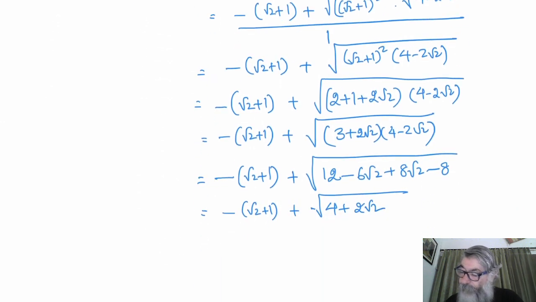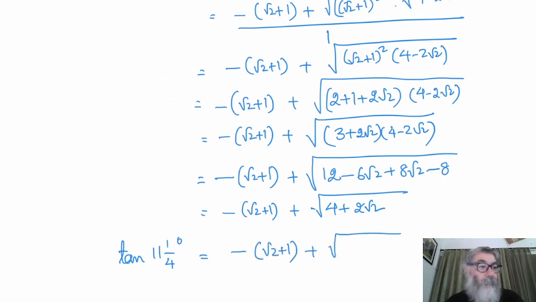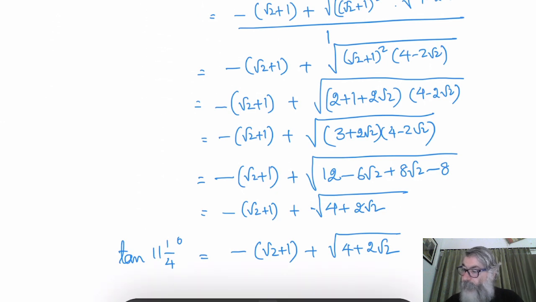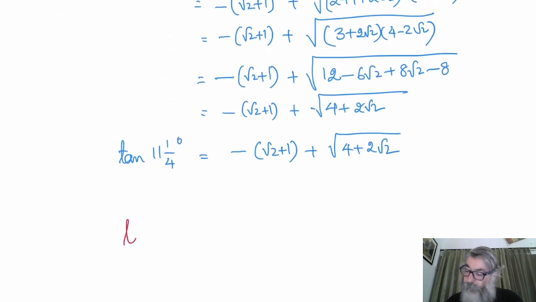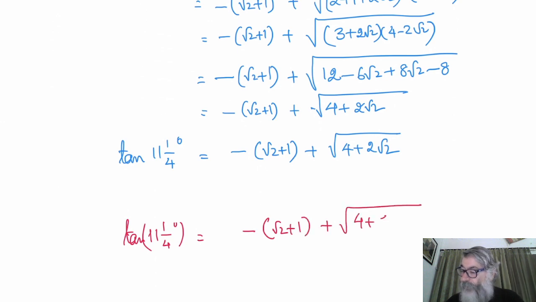So the value of tan 11 and 1 by 4 degree is minus root 2 plus 1 plus 4 plus 2 root 2, that is, minus root 2 plus 1 plus under root 4 plus 2 root 2.